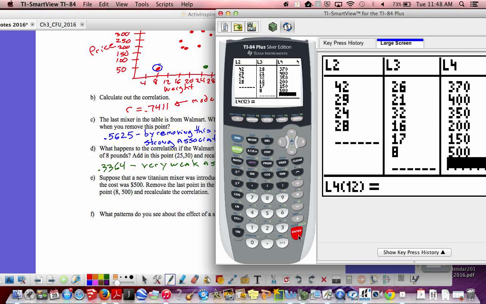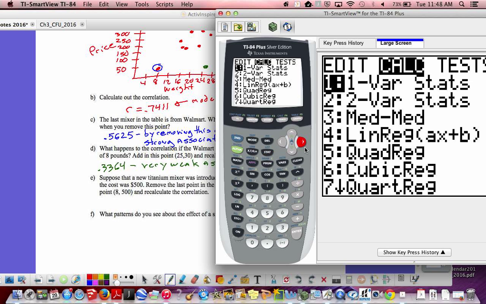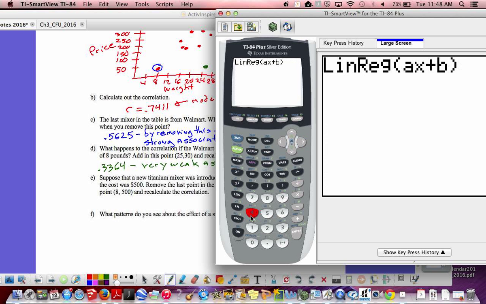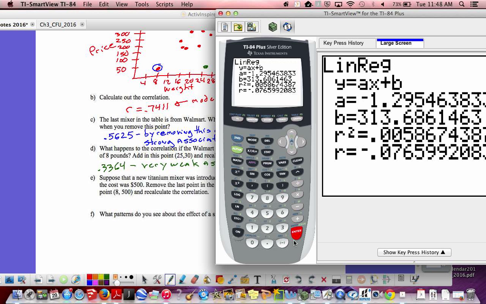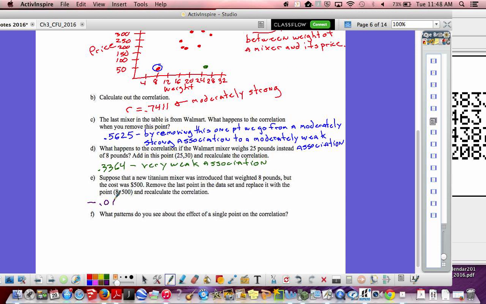So now, Stat, Calculate, linear regression, List 3, List 4. Ooh. And we get a negative. So negative 0.0765.